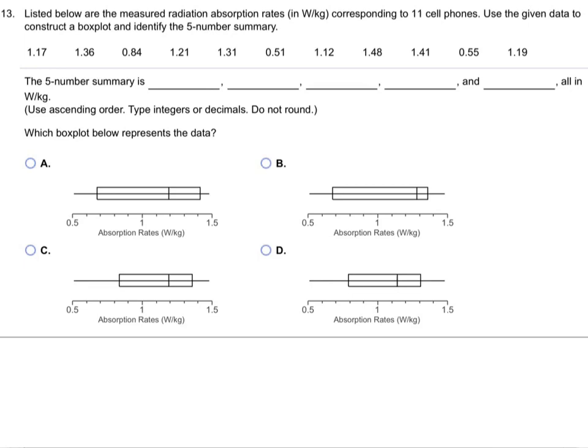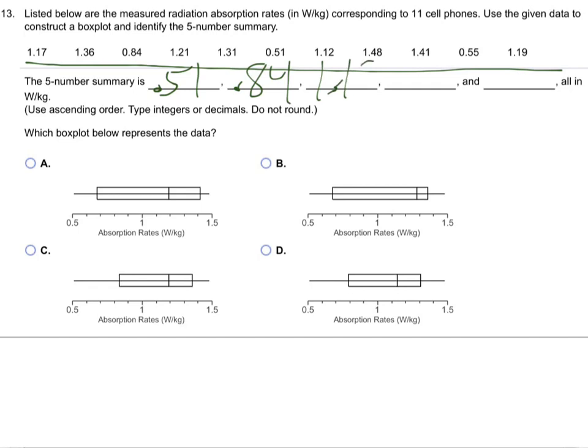Let me write it out for you. The numbers are 0.51, 0.84, 1.19, 1.36, 1.48. So that would be A. Is everybody getting those numbers out of your TI?